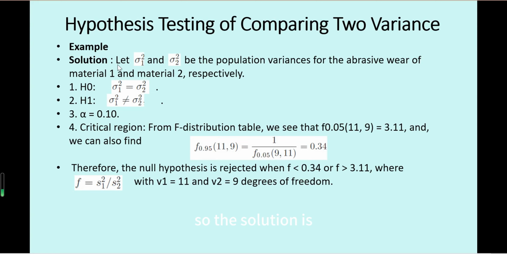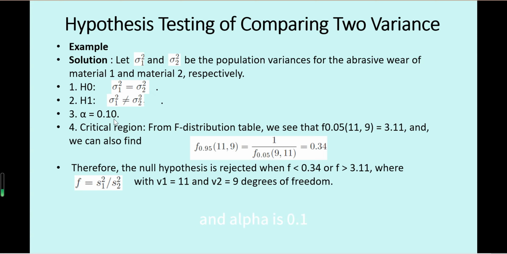The solution: let sigma 1 square and sigma 2 square be the population variances for the abrasive wear of material 1 and material 2. Then we form the null hypothesis sigma 1 square equals sigma 2 square, and the alternative hypothesis H1 is sigma 1 square not equal to sigma 2 square. So this is a two-sided test.